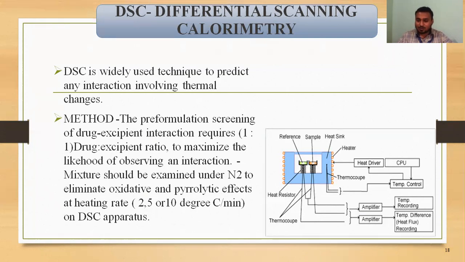One amplifier, two amplifiers are also required. Okay, these are the heat resistor and thermoscope, and one software and one computer is also required for calculating and storing the data analysis. Okay, so here one more important factor, that is temperature recording. The main factor is the temperature.